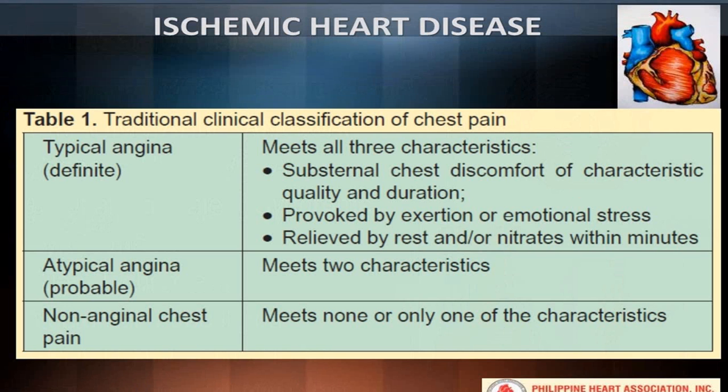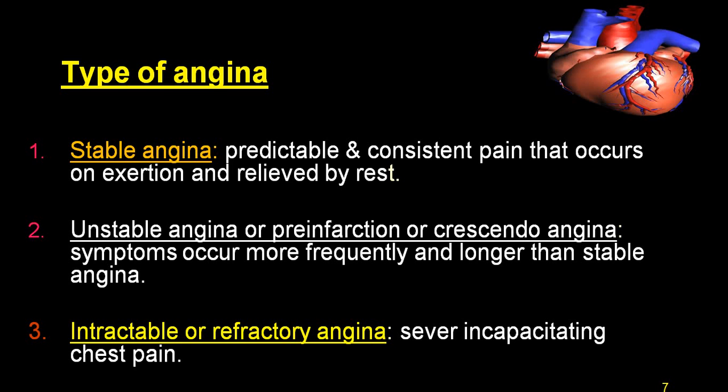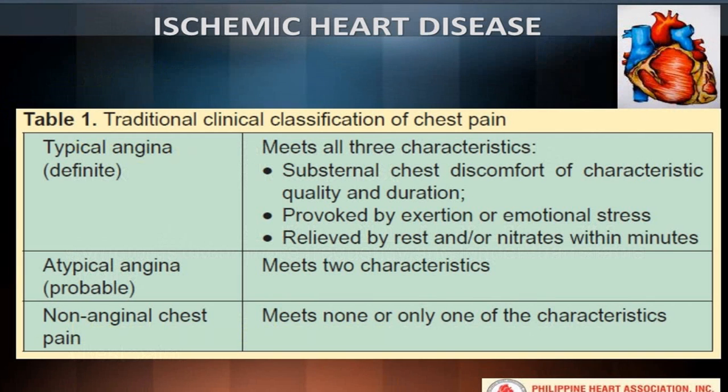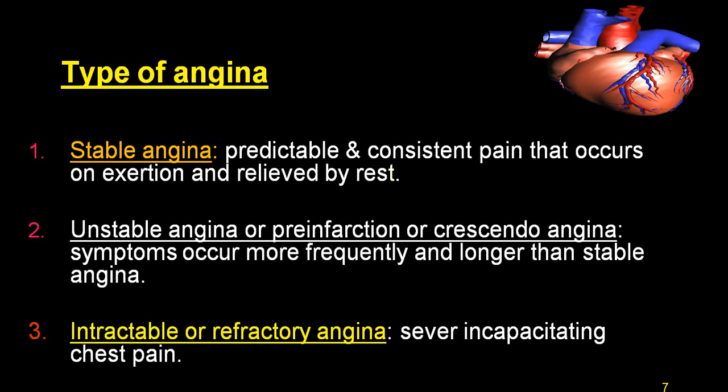By and large, we use the two common terms, typical angina, atypical angina, or non-cardiac chest pain. Typical angina, we have already given you the description. And if that angina comes at a specific amount of exertion, it is called stable angina.